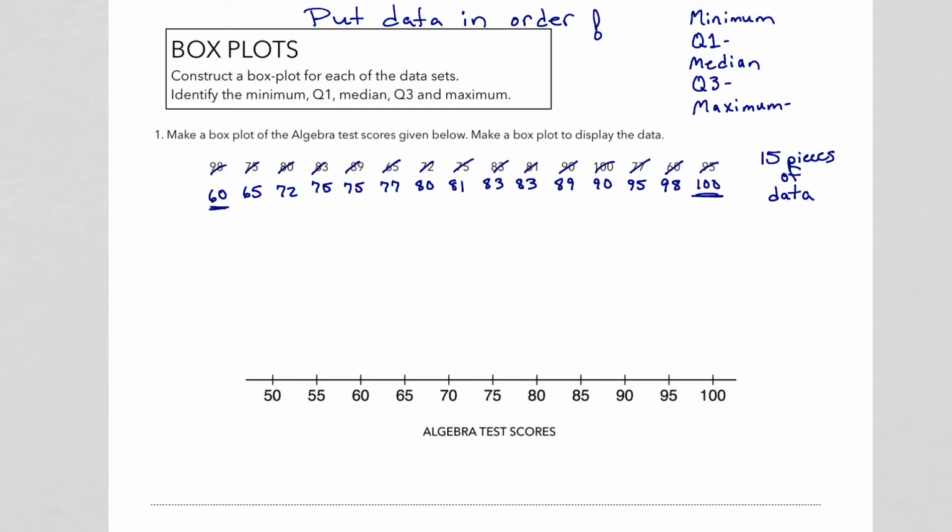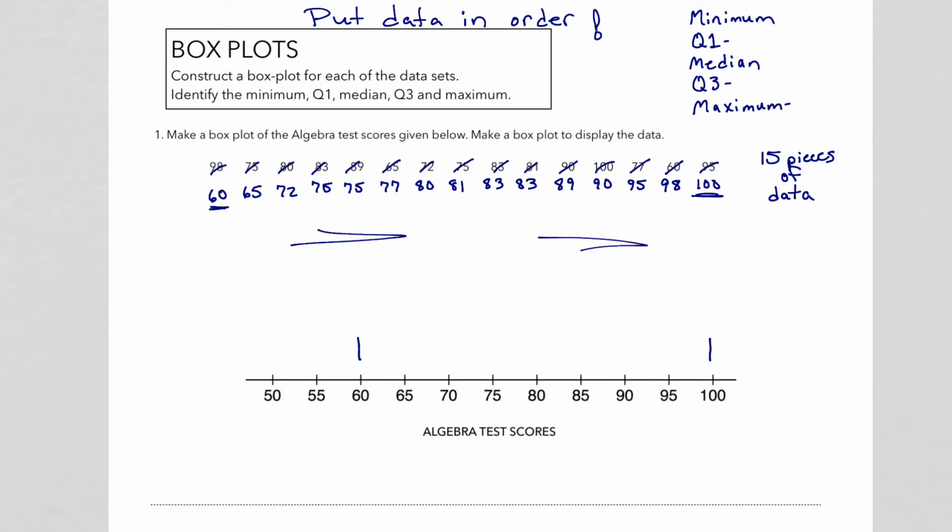So I can come down here to my graph and put a line at 60 and a line at 100. Then to find the median, we have 15 pieces of data. There are a couple of ways to do it. But we know that the median is the middle number. We need the same amount of data on the left side as on the right side.